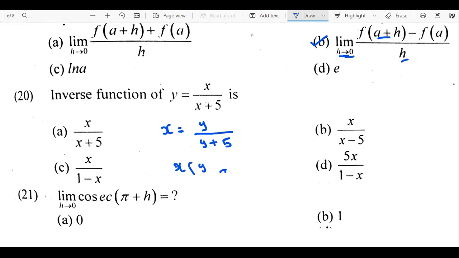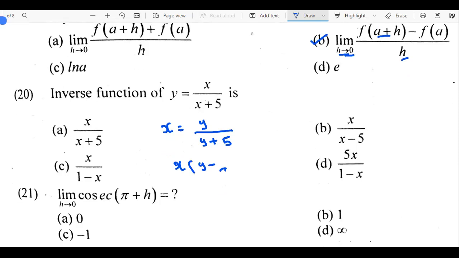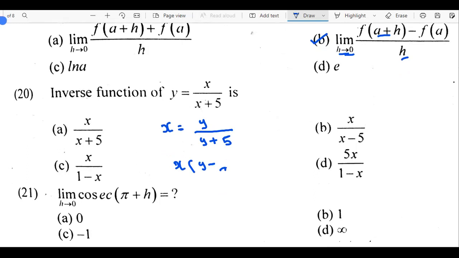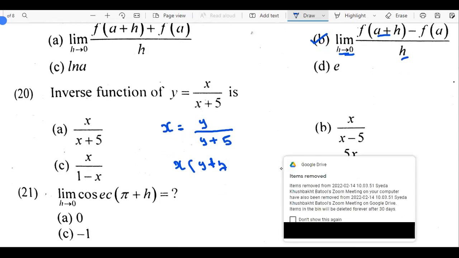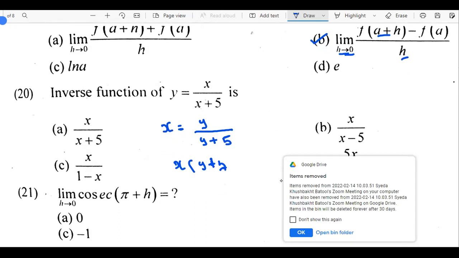It would be x into y plus 5, and that would be equal to y.